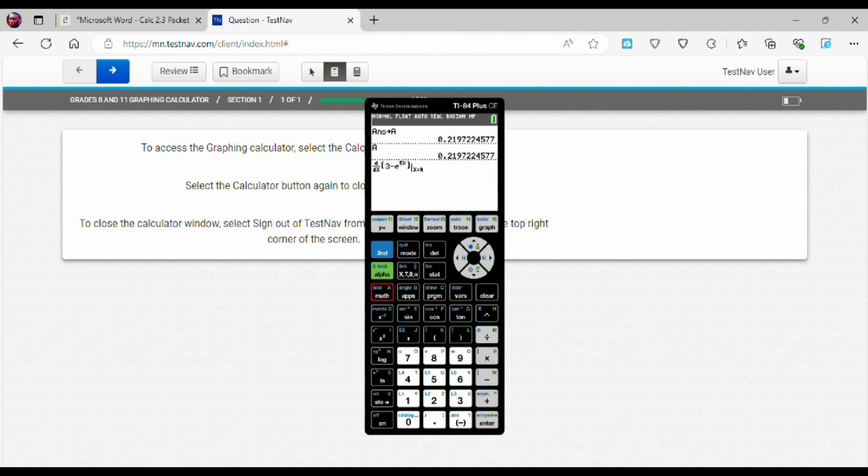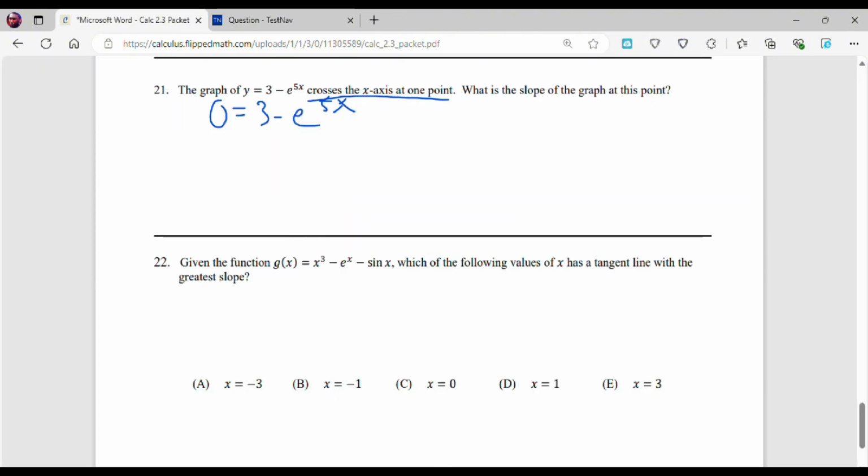Because we want to find the slope, which is d/dx, at the point where our y equals 3 minus e to the 5x crosses the x-axis. And so that is going to be negative 15. So that is going to be dy/dx equals negative 15.